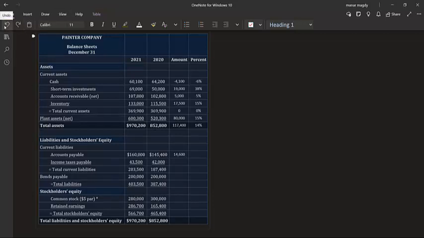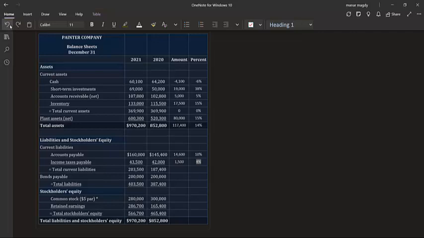So they have receipts to pay, or accounts payable, of 14,600, which represents a 10% increase in the accounts payable. And the income tax payable also increased by 1,500, and this amount of increase represents 4%.